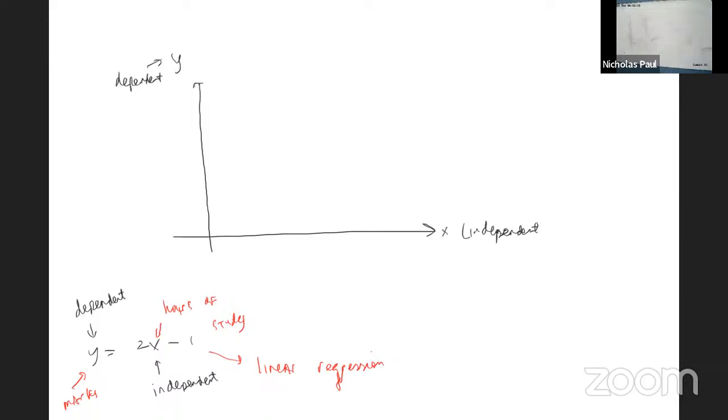So let's take a look at some of the things that lead up to this. The first thing is we get some data, and when you plot the data, it looks something like this.